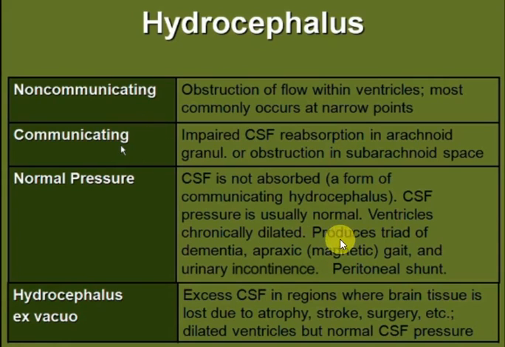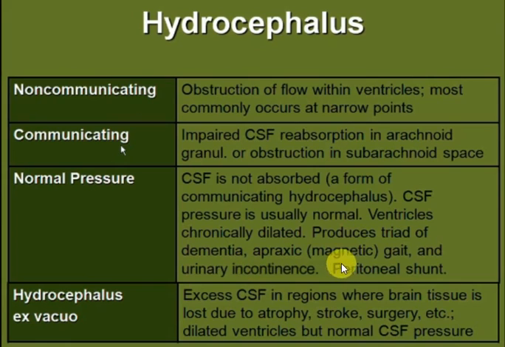So the ventricles are chronically dilated and produce a triad of signs and symptoms: dementia, an apraxic magnetic gait, and urinary incontinence. They tend to walk as if their feet are stuck to the ground, which is known as a magnetic gait.